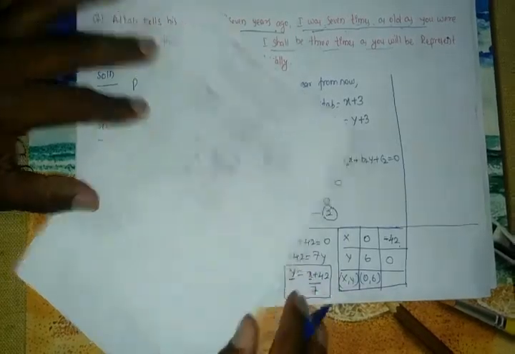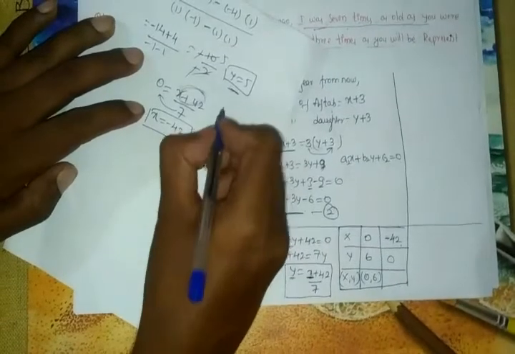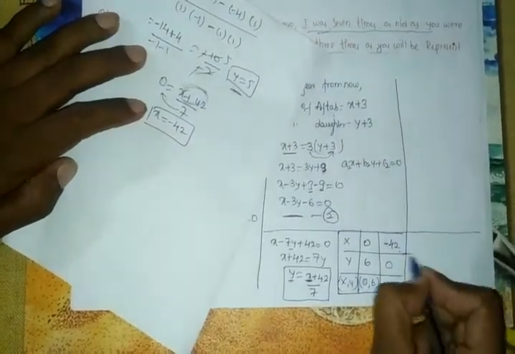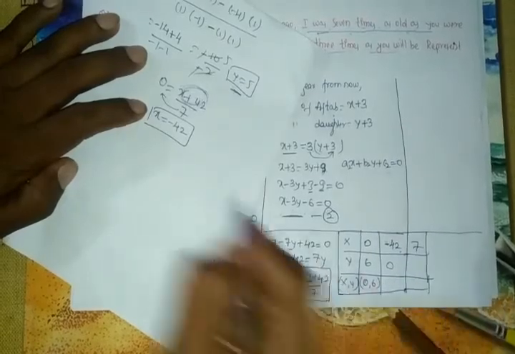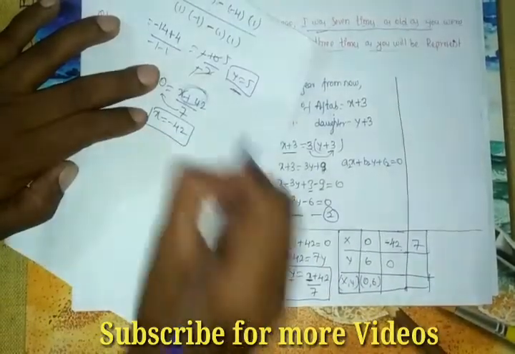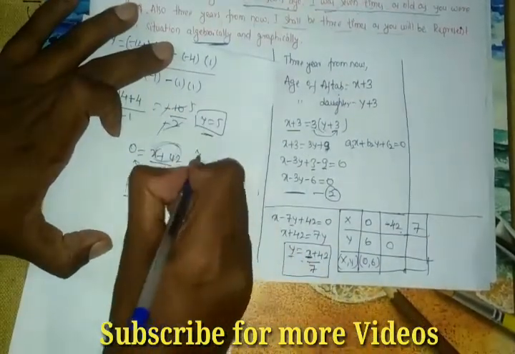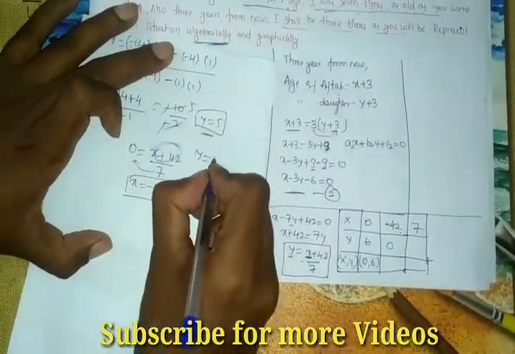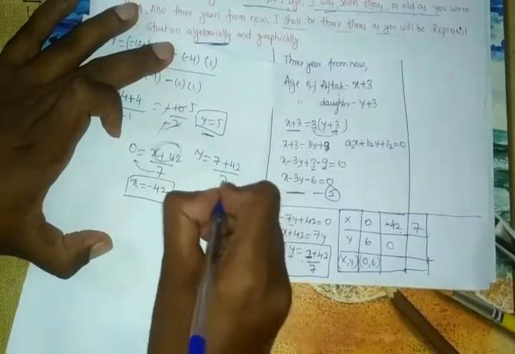When I take the value of x as 7, y equals (7 plus 42) divided by 7.